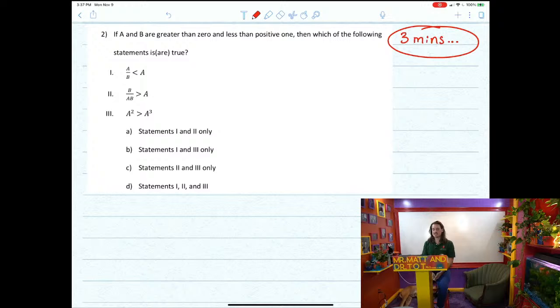Statement 1 says A over B is less than A. Statement 2 says B over AB is greater than A. Statement 3 says A squared is greater than A cubed. And answer selection A is statements 1 and 2. B is statements 1 and 3. C is statements 2 and 3. And D is statements 1, 2, and 3. Okay, 3 minutes. Thank you.